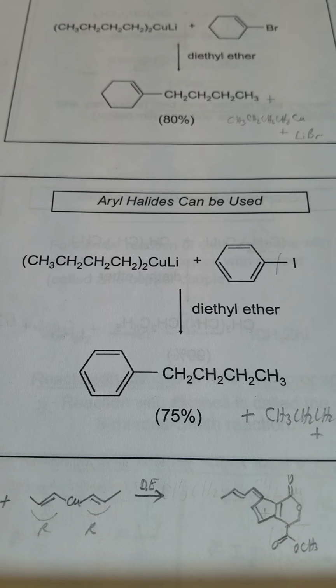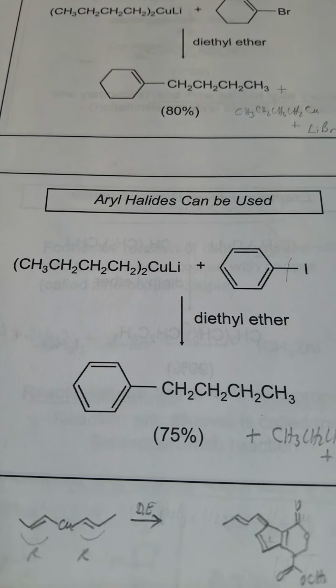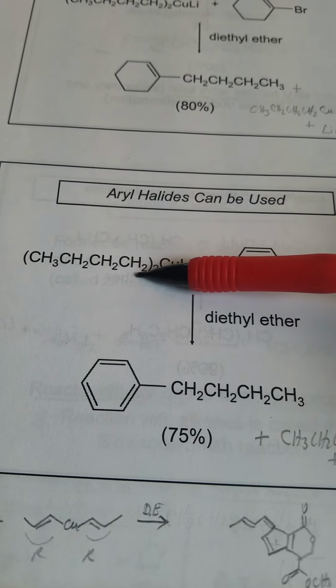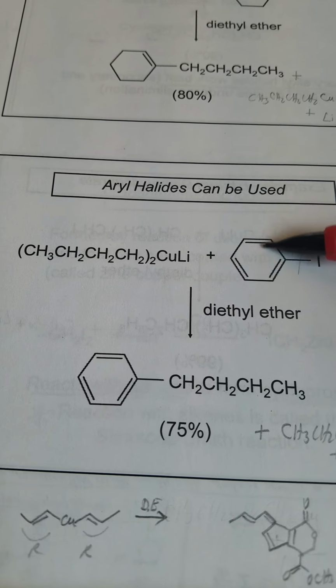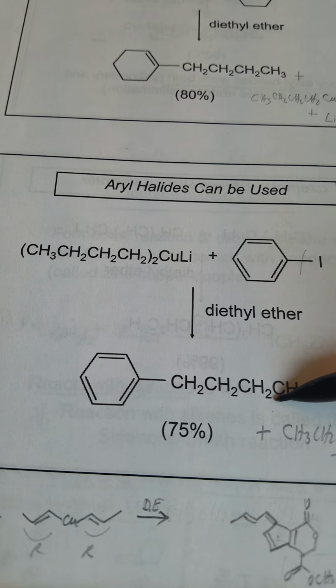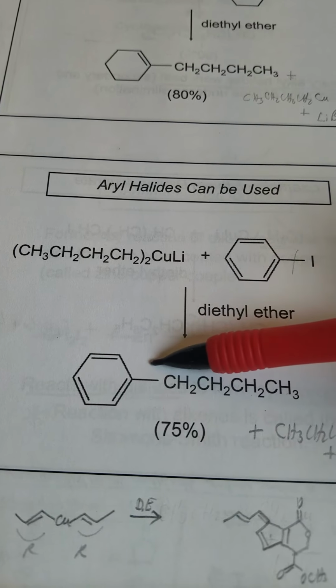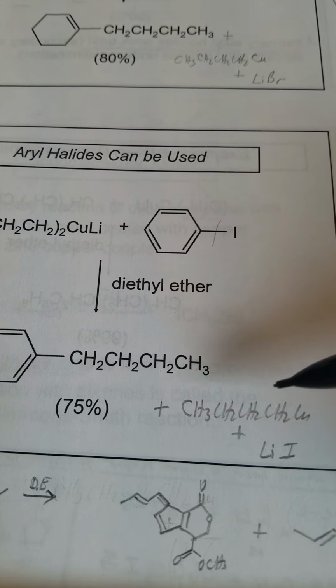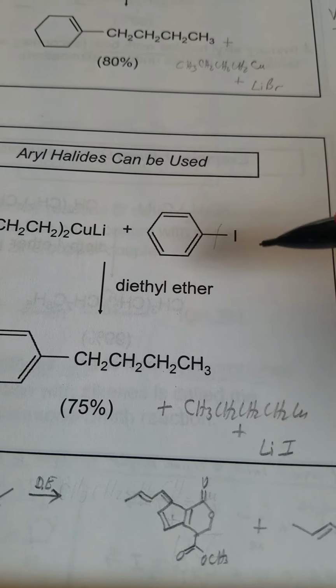And this one just shows you an example if you have an aryl halide. So my butyl group is going to be attached to my benzene ring. So this will be my alkyl benzene. Next, my copper would be picked up by the other butyl group, and my lithium by the iodine.